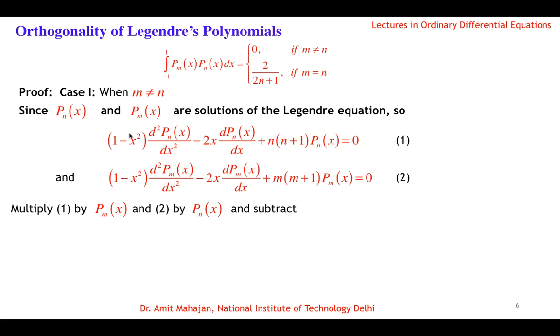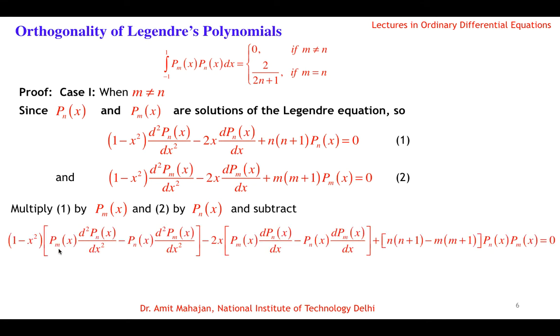Okay, so 1 minus x squared is common, so Pm(x) times this minus Pn(x) times this. Similarly, minus 2x is common in these two, so Pm(x) times this and minus Pn(x) times this, and from here Pm(x) Pn(x), and here Pn(x) Pm(x), so Pm(x) Pn(x) are common, so we have n(n+1) minus m(m+1).